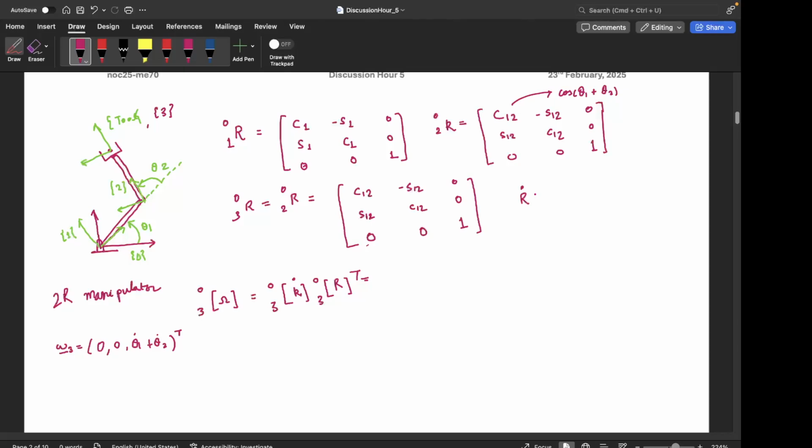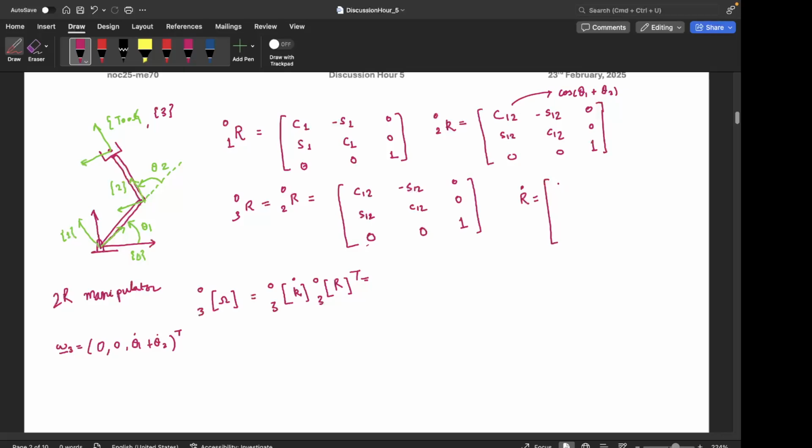For taking the time derivative, we differentiate first with respect to theta i, and then theta i would be differentiated with respect to time. If we do it something like this, so r dot, I think it would need more space.